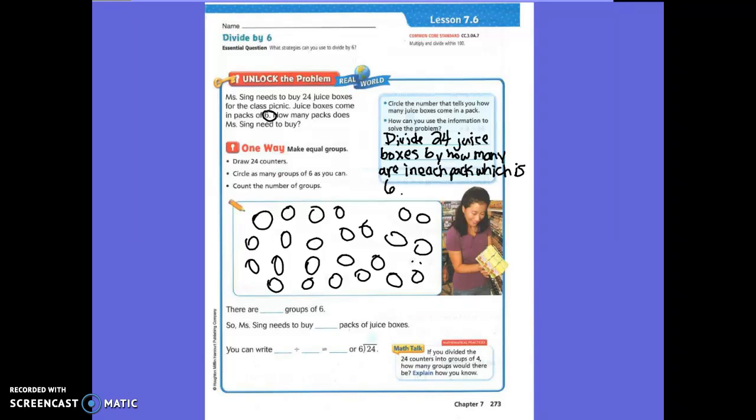Okay, I changed up my groups so you could see I'm not trying to make it in a certain kind of order. So now it says to circle as many groups of 6 as you can.